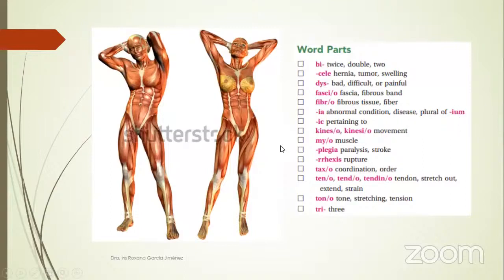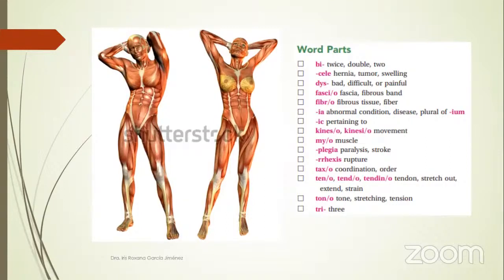Again, grammar rule, right? The suffix -ic, pertaining to. Word root kinesio, kineso: movement. Word root my or myo: muscle. Suffix -plegia: paralysis and stroke. Suffix -rrhexis: rupture.